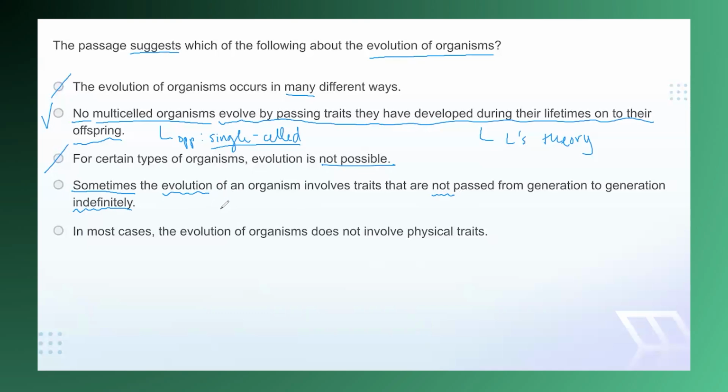Therefore, we can infer that the indefinite nature of passing down traits is necessary for something to be classed as evolution.